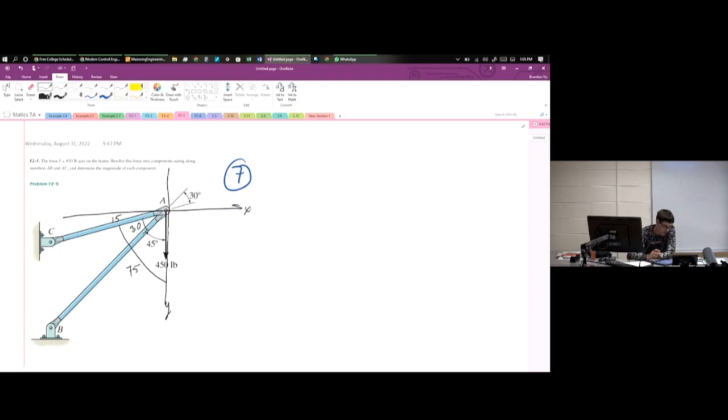So on this one, I would suggest breaking it apart, right? We know that members AC and AB are going to have some kind of force in them. So instead of drawing out the members themselves, we can just break that into a force. So we can say that FAC is going to act along this member, and FAB is going to act that way.